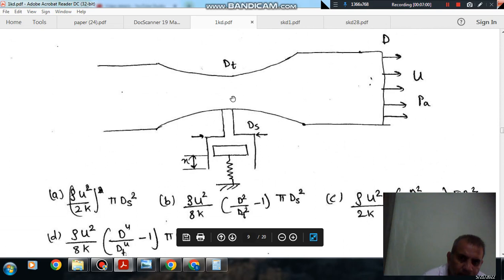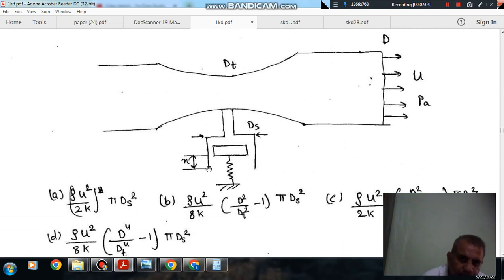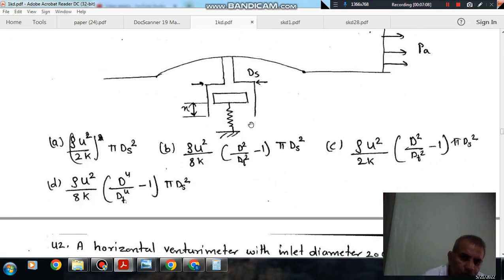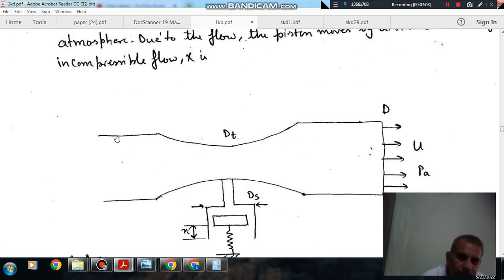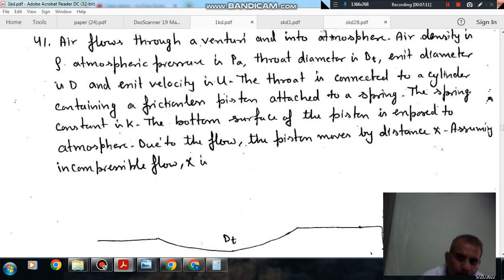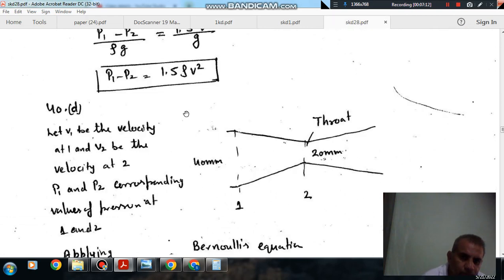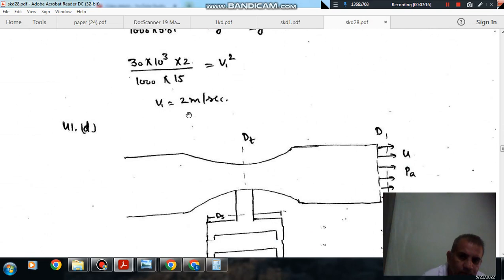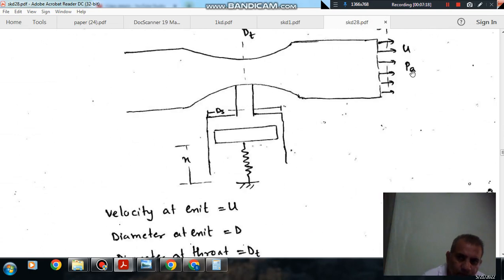Okay, so this is your throat diameter dt, this is u, this is ds, this is x, the displacement due to flow. This is your velocity u and this is pressure Pa, and this is ds.